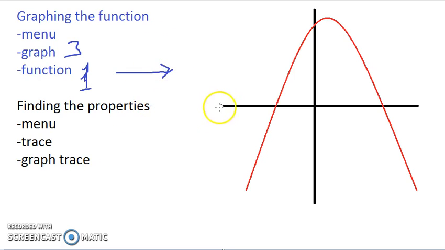And then finding the properties, again, the x-intercepts, the y-intercept, and the vertex, this is how you do that. You go into menu, trace, which is usually 5, and graph traces, which is 1. You can write these on the board so that you can have that for reference for the test.